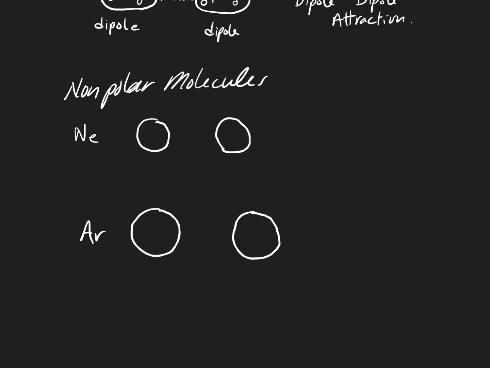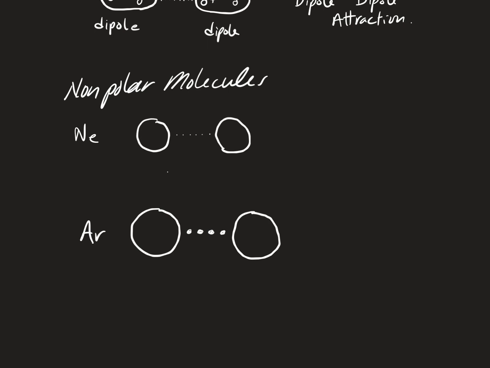If neon has a very low melting point and a very low boiling point, then we're going to see a weak attraction between those two atoms and a stronger attraction between the argon. Argon had a higher boiling point, higher melting point.